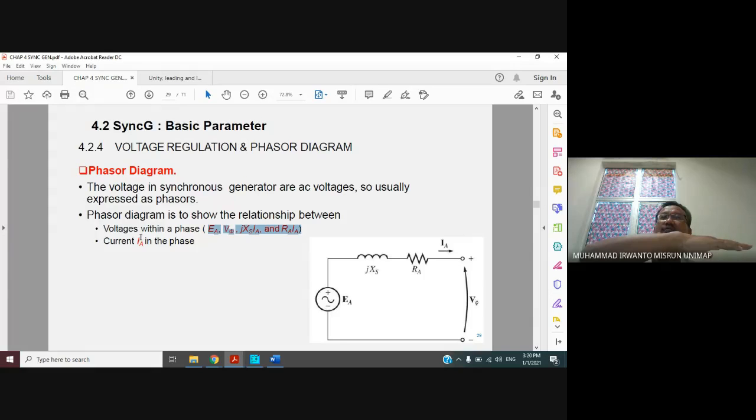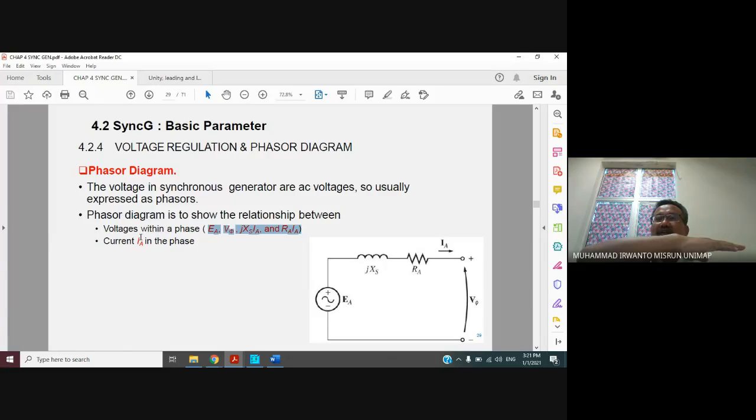If the voltage appears first and then the current, the current lags the voltage by some degrees, and the cos theta or power factor is lagging.